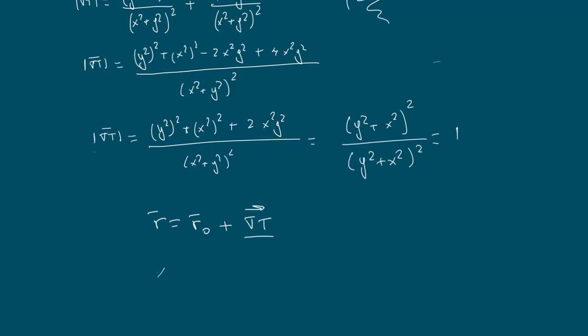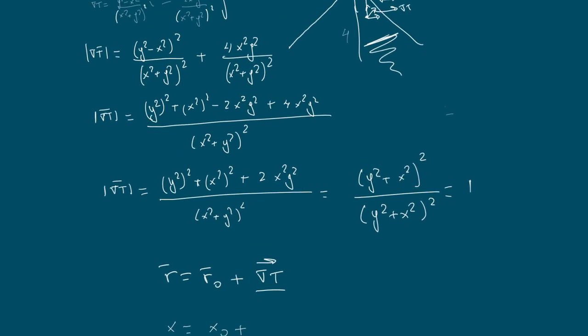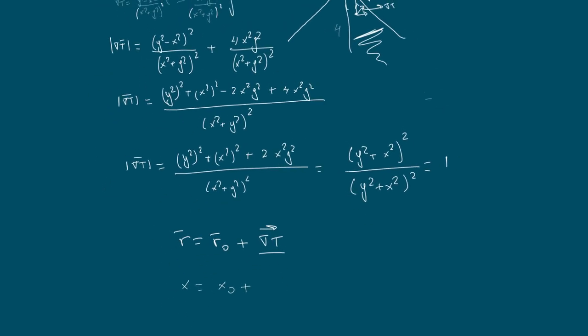So x is equal to x0 plus the x component of the gradient of T. And the x component of the gradient of T is y squared minus x squared divided by x squared plus y squared, squared.